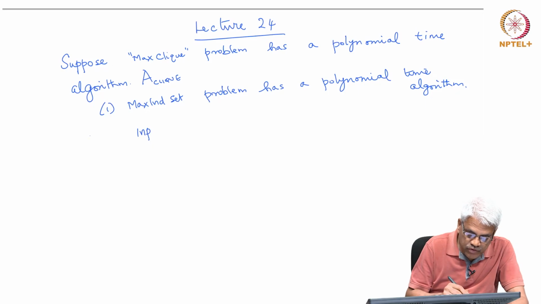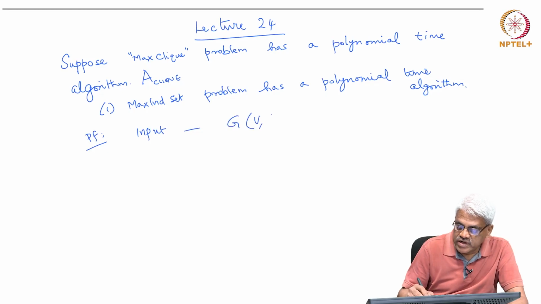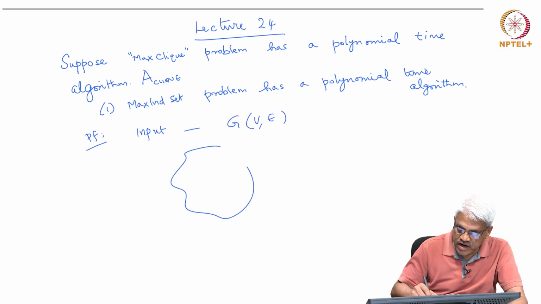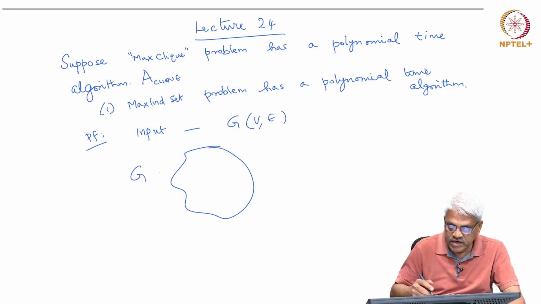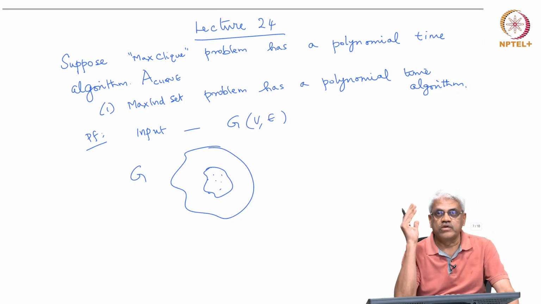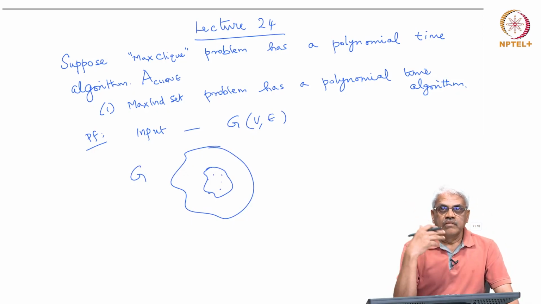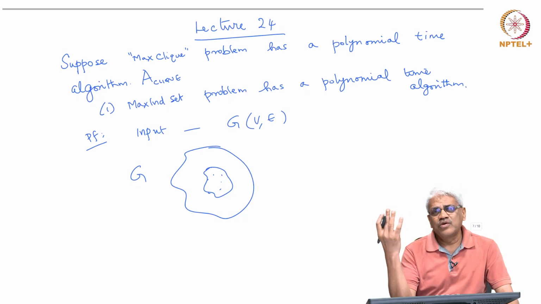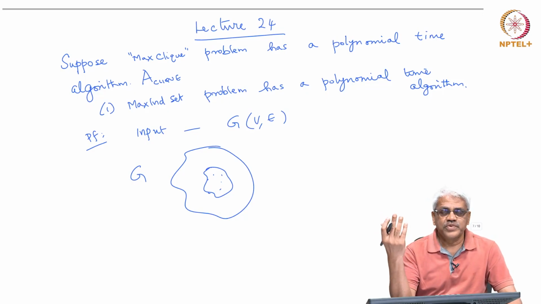Well, what is the input to the maximum independent set? I am going to give you a proof of this. It's a graph G with a vertex set and edge set. I am interested in the maximum subset of vertices which are mutually non-adjacent. The best known currently is an exponential time algorithm.